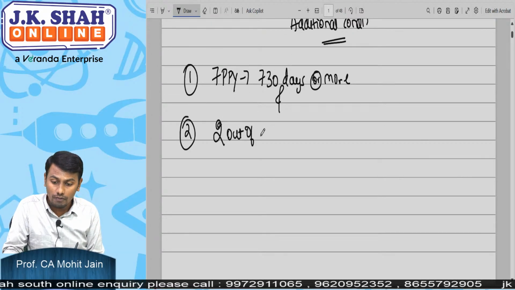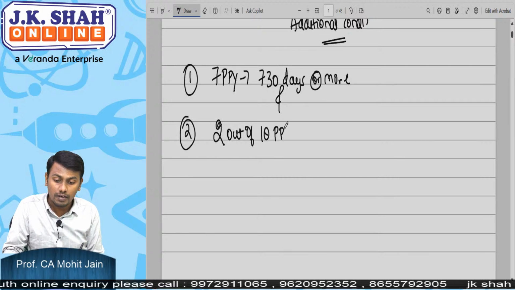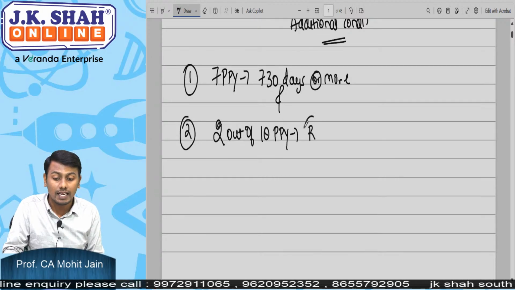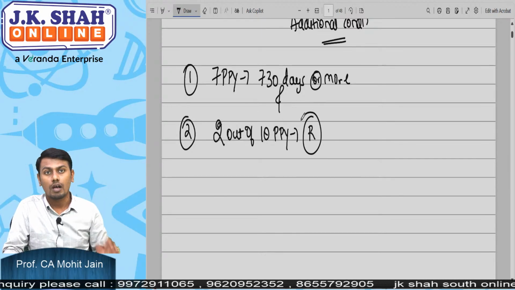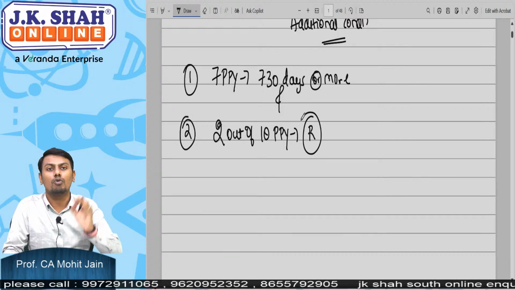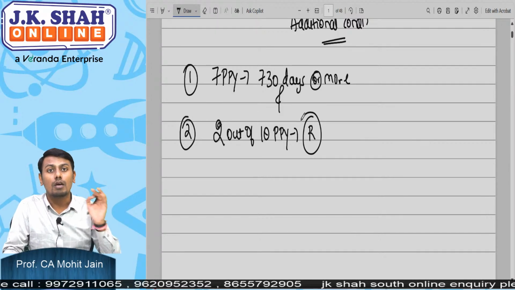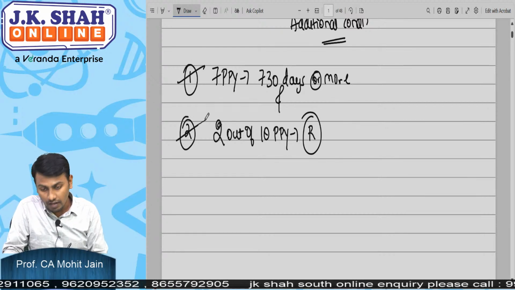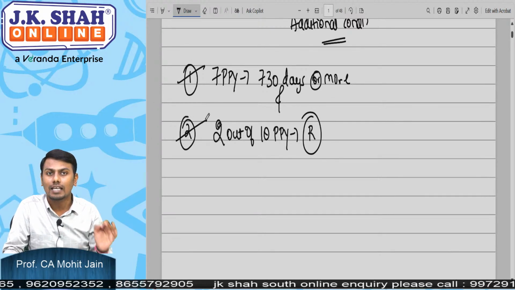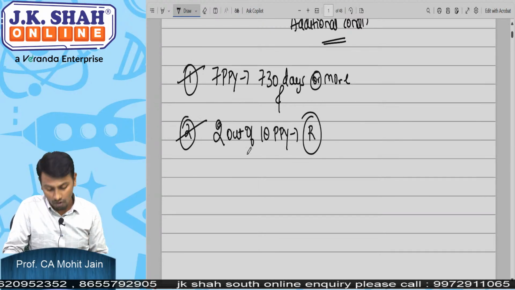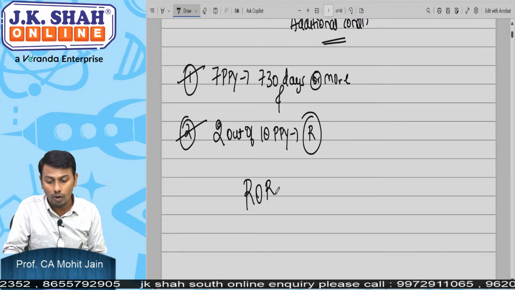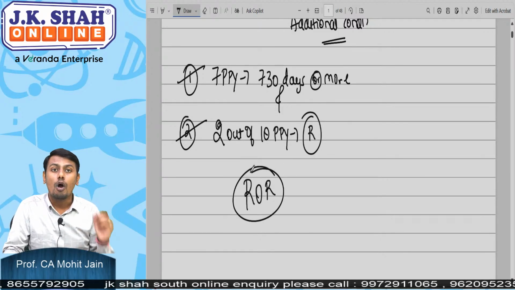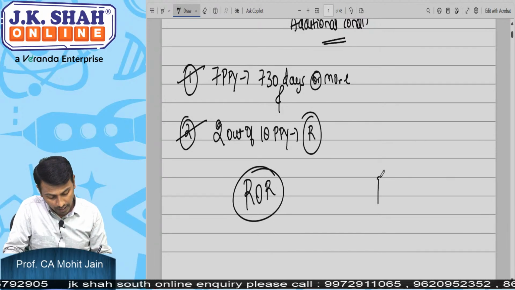Out of the 10 preceding previous years, you have to be a resident in at least 2 years, that is, in at least 2 of the last 10 years you have to be a resident of India. And when you satisfy both the additional conditions, then you will be called ROR, that is resident and ordinary resident. Otherwise you will be classified as what?